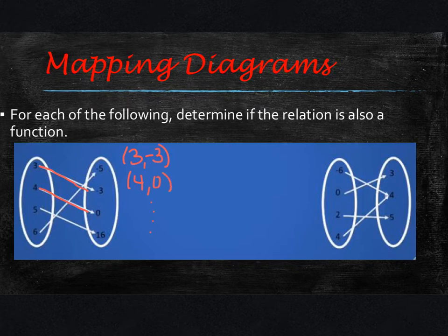Is this a function? Again, we're looking for the x values to not repeat, and you can see that 3 only goes to one value, 4 goes to one value, 5 goes to one value, and 6 goes to one value. None of those x values repeat, and therefore, yes, it is a function.